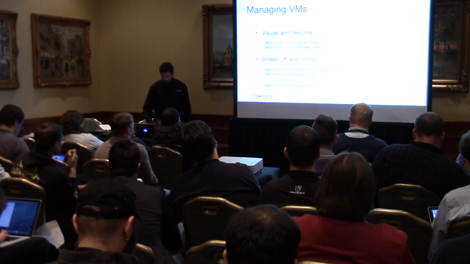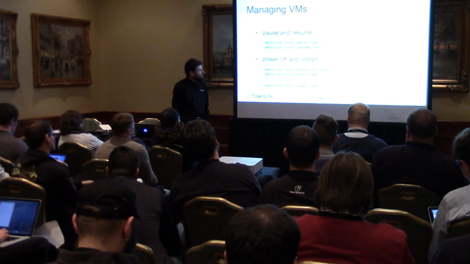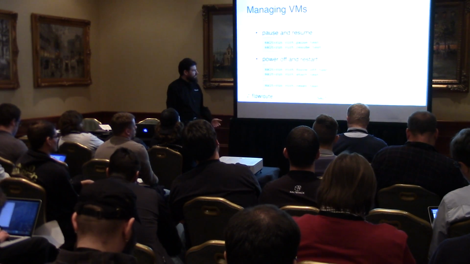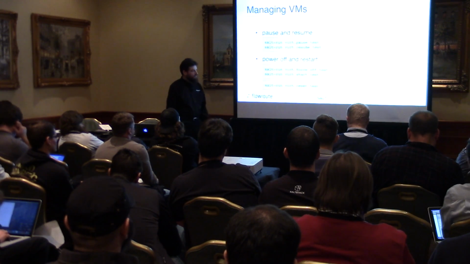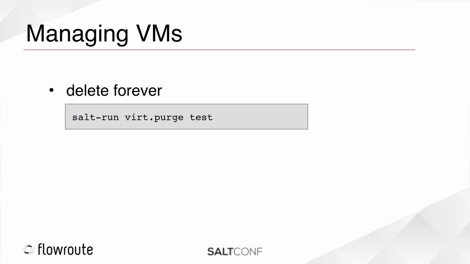So there's just a couple other commands that the Virt runner offers. Pause, resume, force off, start, reset. Does the same as this here. And finally, when you're done with it, purge it.